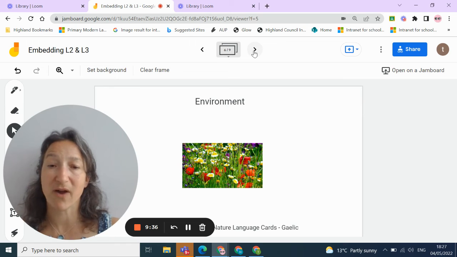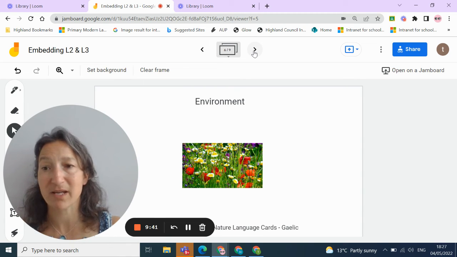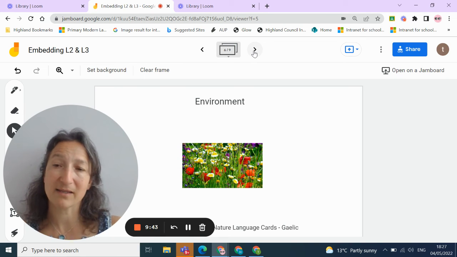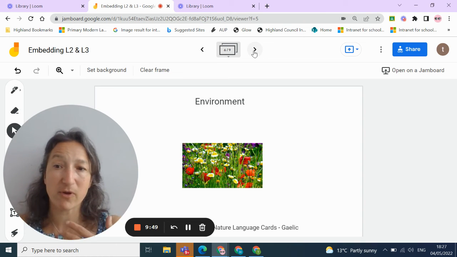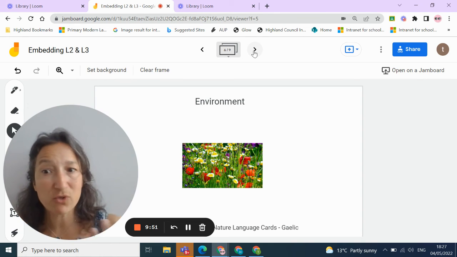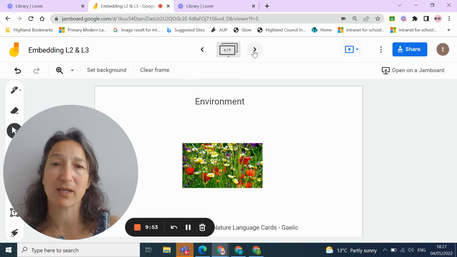The next one is looking at the environment. There's a website called Stamp It, which has language nature cards in Gaelic and in French for learning about words in the natural environment. So if we were thinking about the environment, what might you do in that topic, and how could you link that with the Gaelic language?